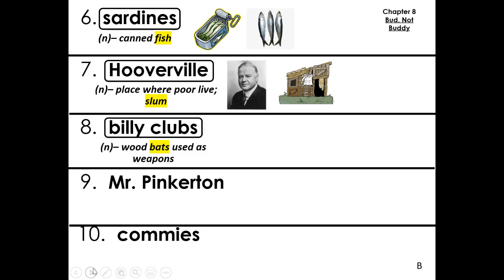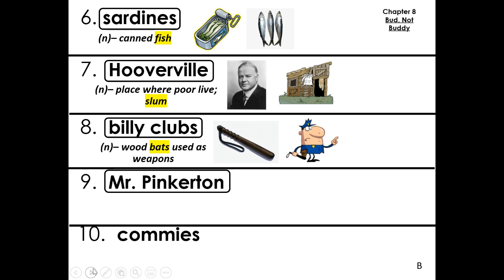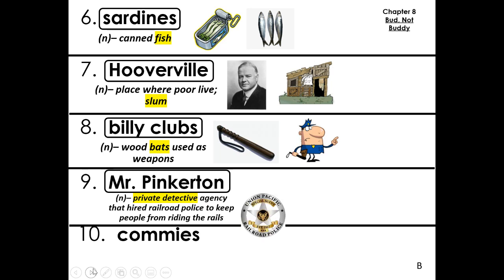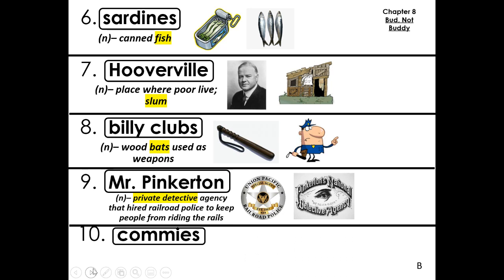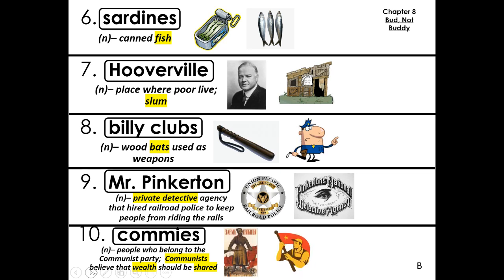Billy clubs, wood bats used as weapons. Mr. Pinkerton, a private detective agency that hired railroad police to keep people from riding the rails. And finally, 10, commies, people who belong to the Communist Party. Communists believe that wealth should be shared.